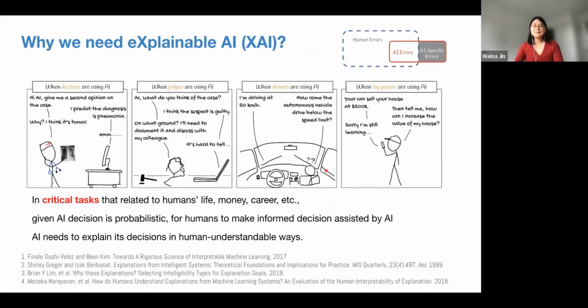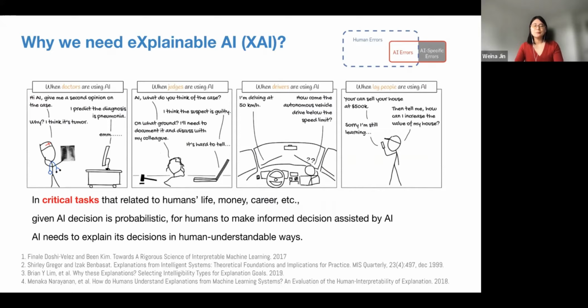So explainable AI is usually used in those critical decision-making scenarios, like in the healthcare domain or finance domain, like in those decisions related to human life or money, career, etc. And AI needs to back up its decision with some rationales to let humans know why it made this decision.